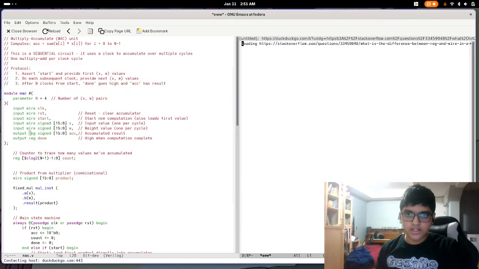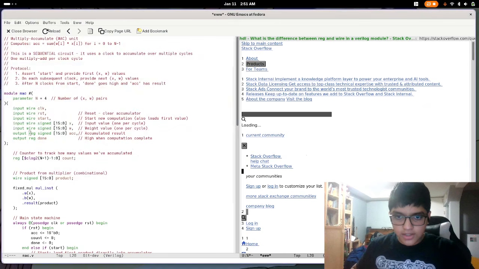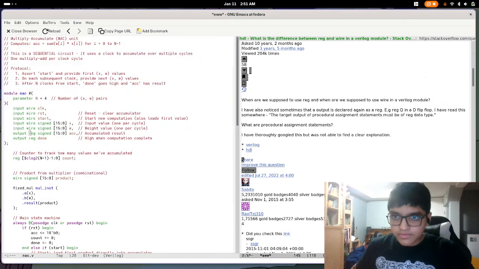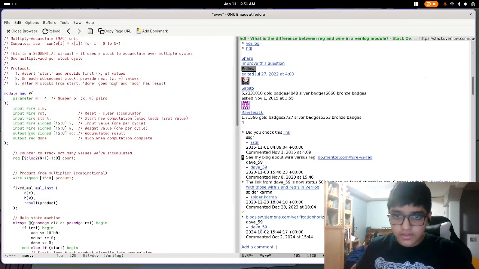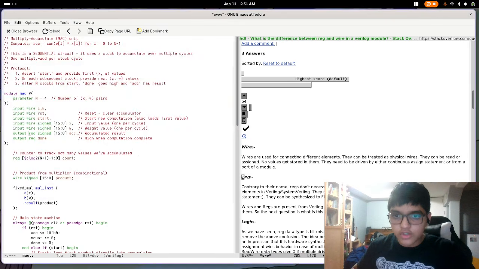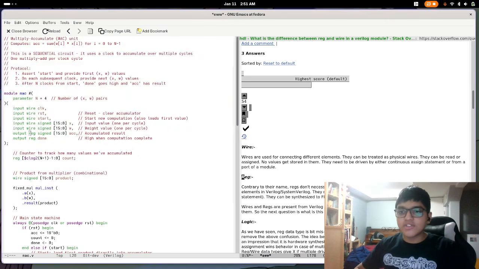Here, Stack Overflow. Wires are used for connecting different elements, treated as a physical wire.